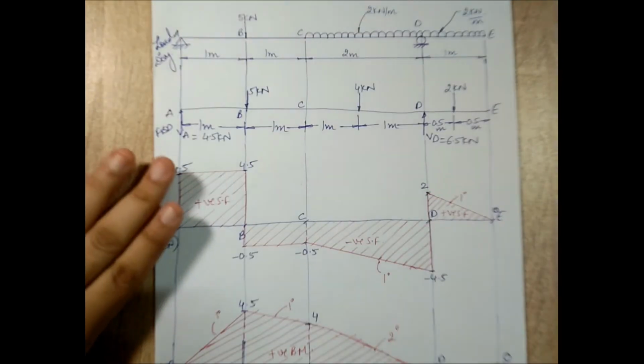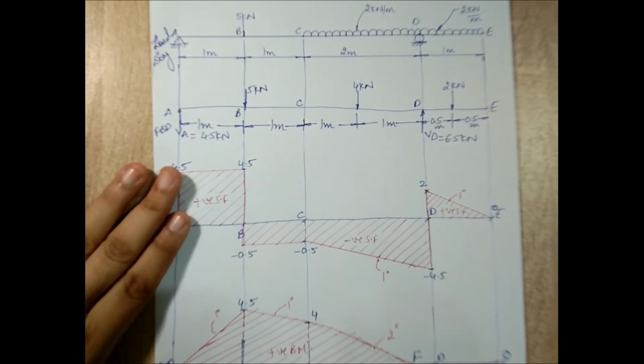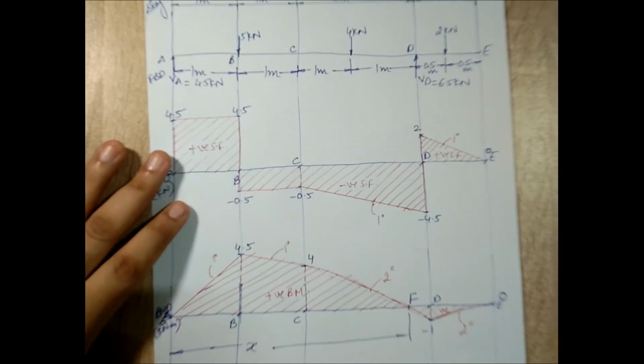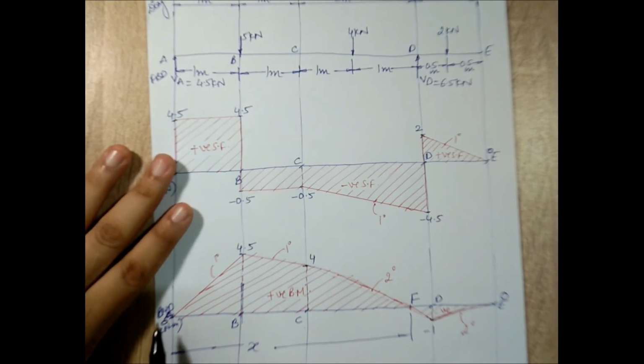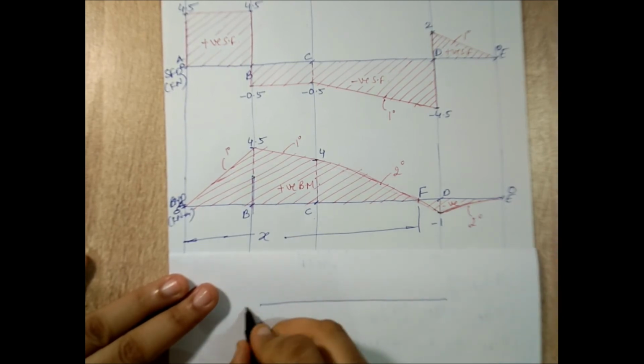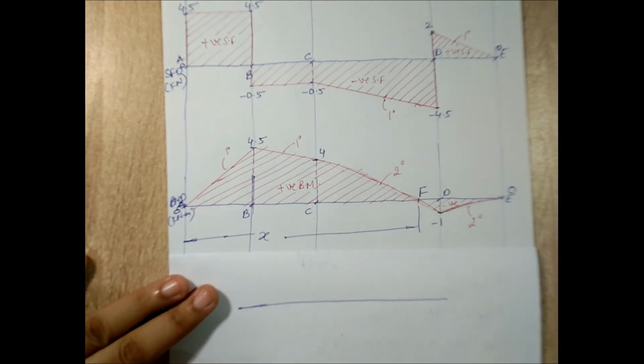Now if you observe here, there is one point over here of contraflexure. Let me call it as F. I need to calculate this distance x. So for this I am going to draw this much portion from A to F. Now you can either draw A to F or you can draw F to E. That's your choice.